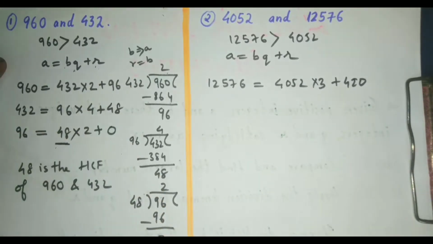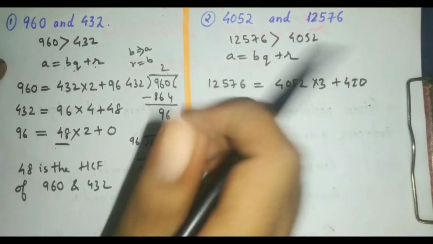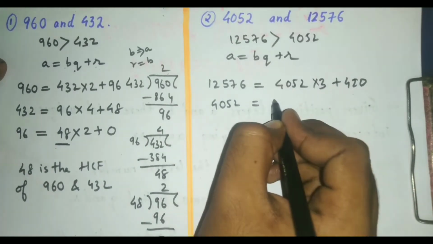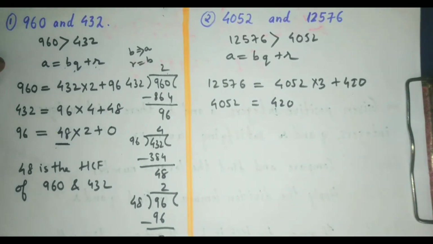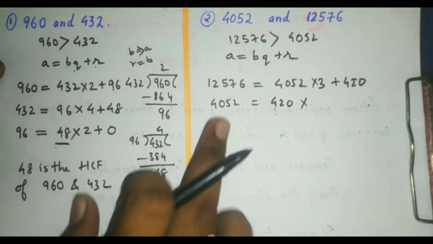Now what about the next number? Since the remainder is not 0, you have to take B as A. So this becomes A and R as B. 420 becomes the next smallest number. Then again you have to multiply with some number so that you will get around this number.